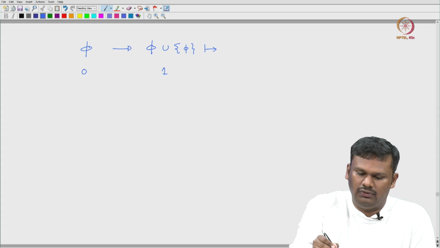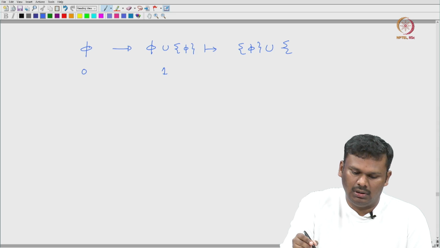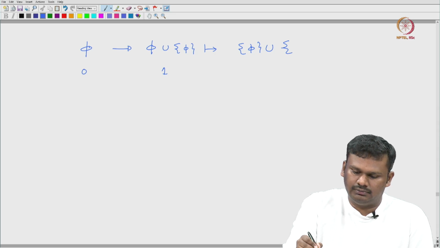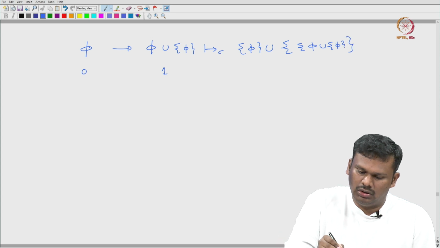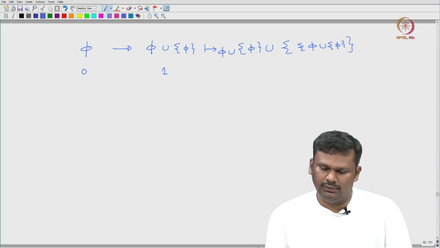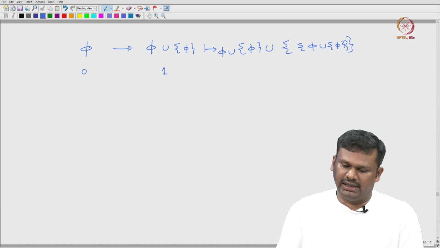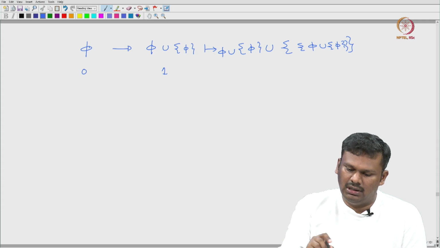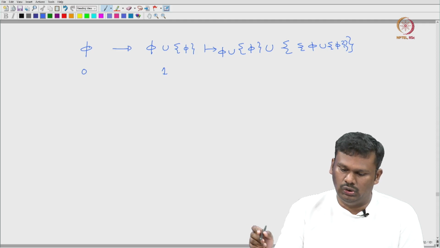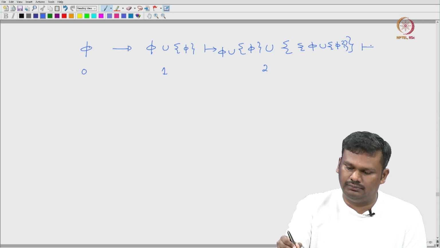From here, you will have 1 union the empty, and so on. This is going to be your second element. As an element, this will have the singleton empty, comma, this empty union empty. So this has 2 elements, and so on.